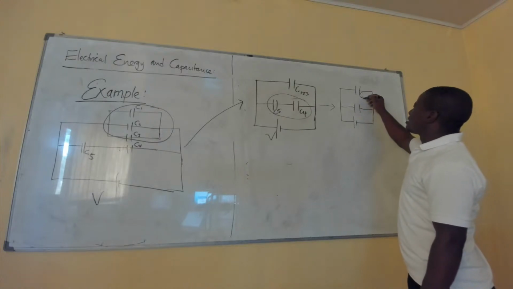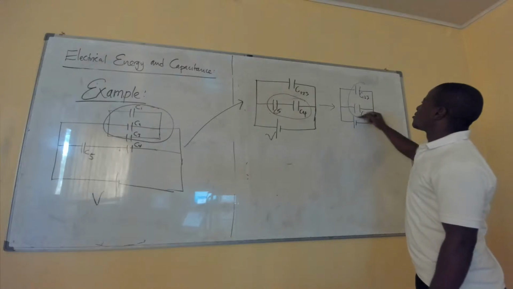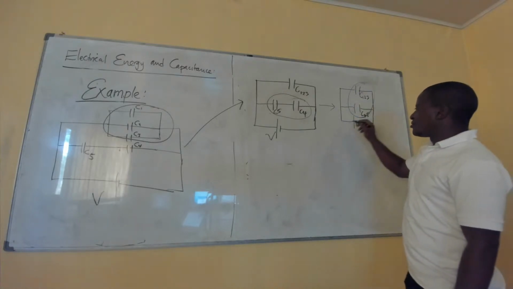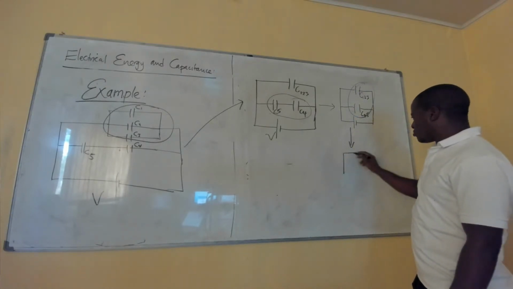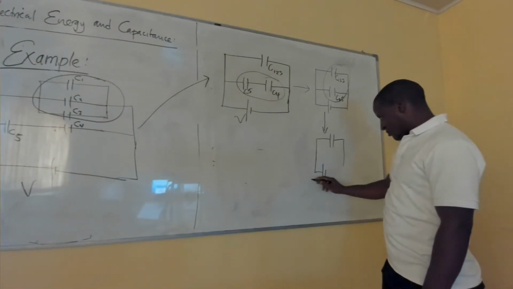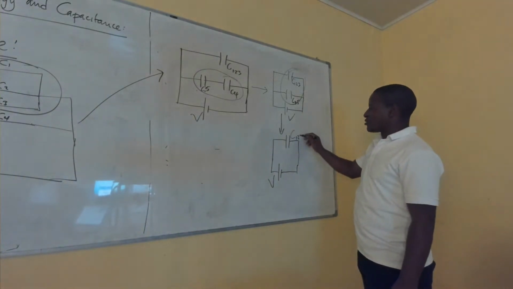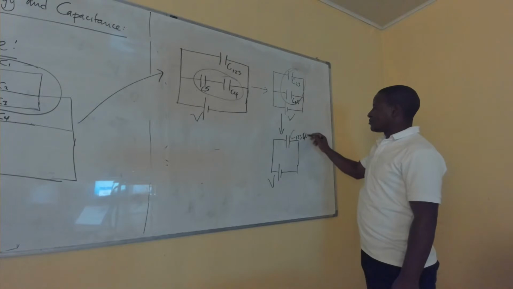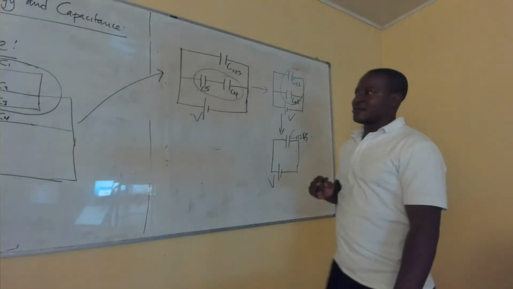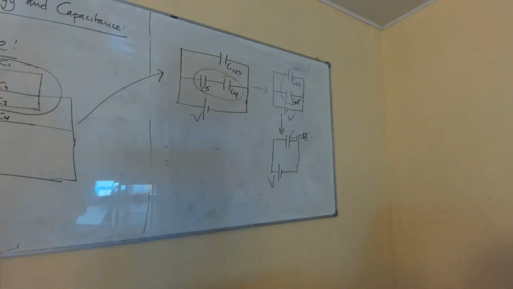Then you have your C1,2,3, C4,5. Then now you can combine these in parallel, which you can now move to this one. This is your voltage. Then this becomes your C1,2,3,4,5. That is the easiest way you would do it in an exam situation.